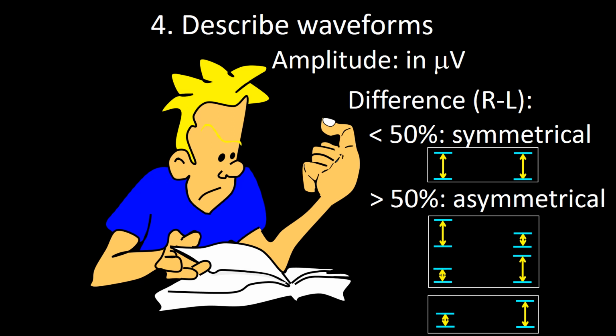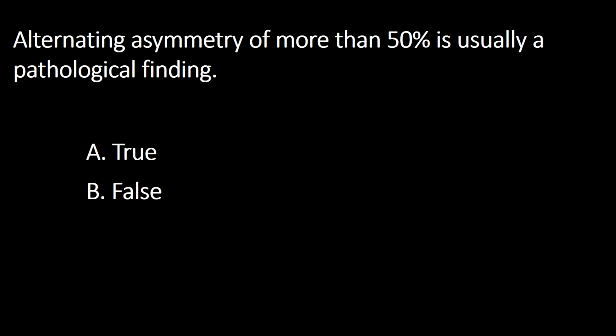Constant asymmetry will be represented by two sets of lines separated by a different distance between them, as you can see in this frame. So the answer to this question is false.